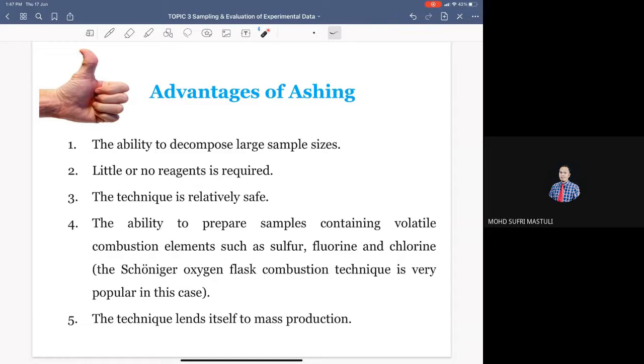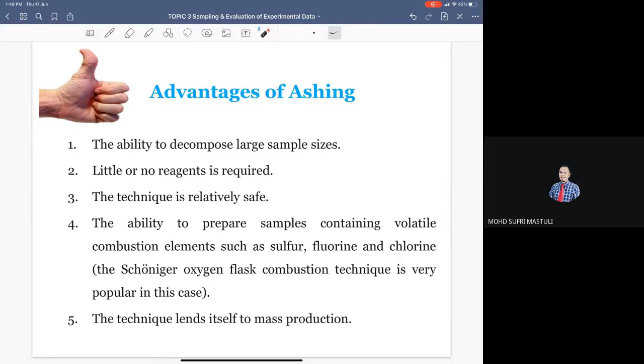So the etching technique has advantages and disadvantages. As I told you earlier, if you want to analyze the sample in the solid form, we have to do the etching, wet etching or dry etching. If you want to do the analysis in a liquid solution, we have to use a proper solvent to dissolve the sample. The advantage of etching is the ability to decompose a large sample size.